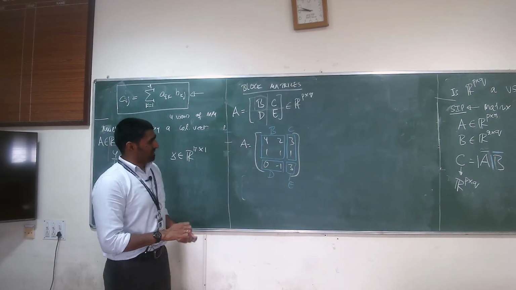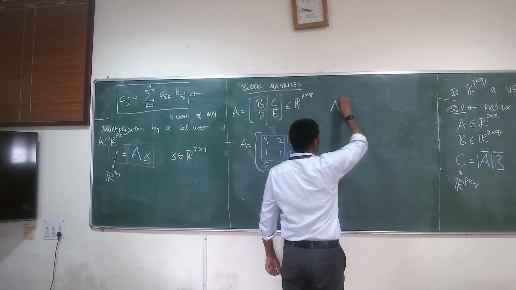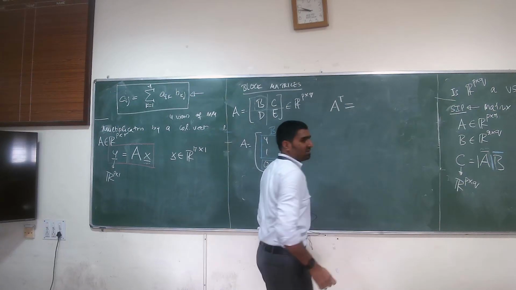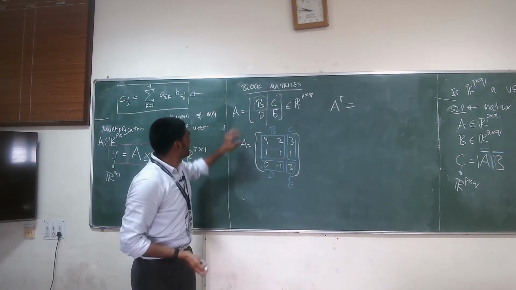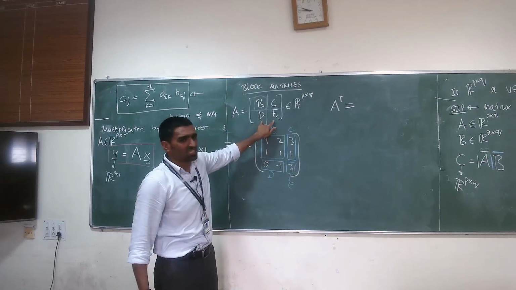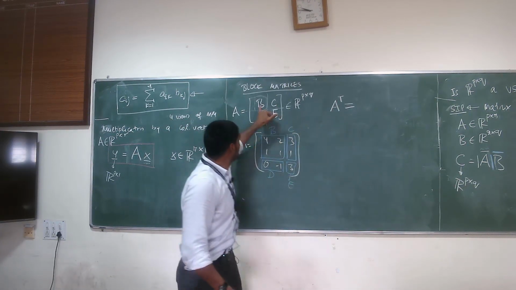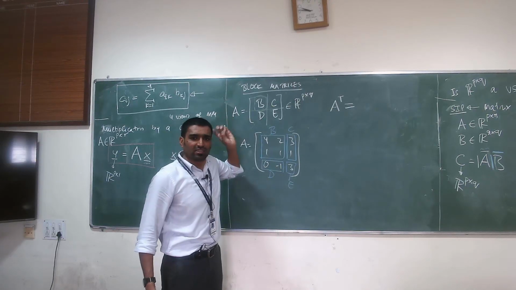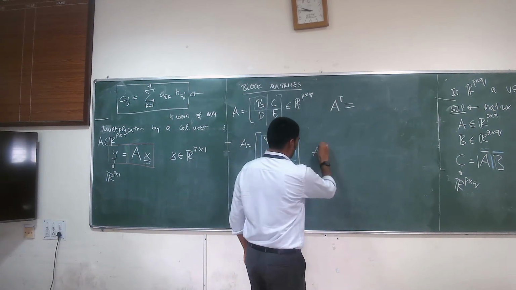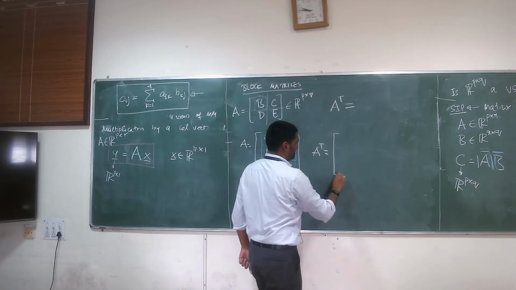Now, another interesting thing is, what if I want to take the transpose of this matrix? You could ask, if I take the transpose of this, how do I rearrange this block matrix to get the transpose of A? We know that if the individual elements are real numbers, we know how to take the transpose. For example, what is the transpose of A? Let's write that down. Because you know the full definition of A, what is the transpose?